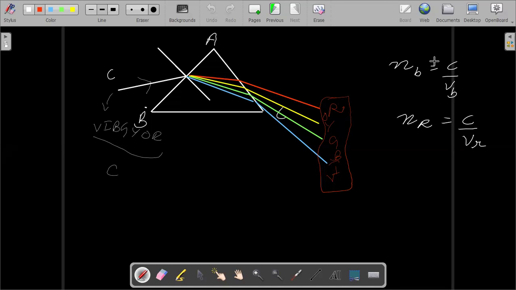Triti, which color has the maximum refractive index? Out of the seven colors, which color has the maximum refractive index?